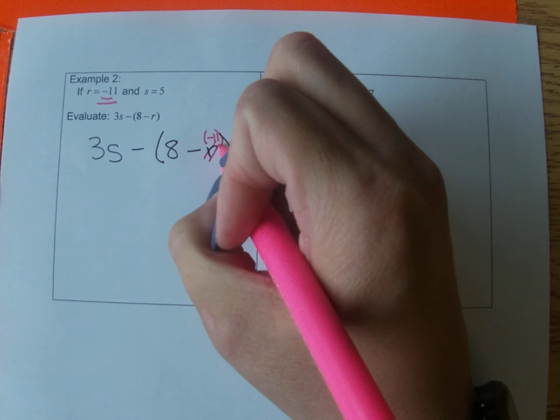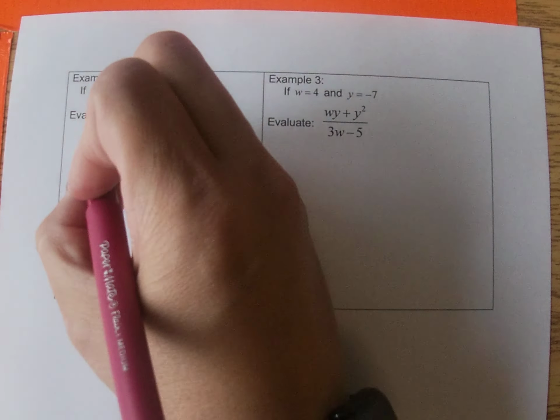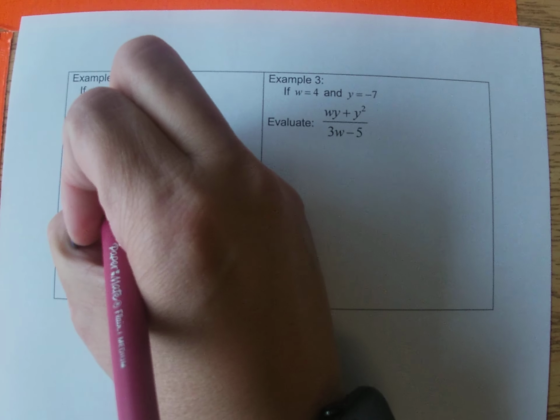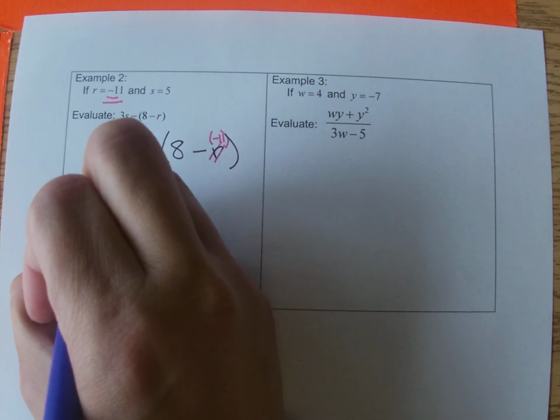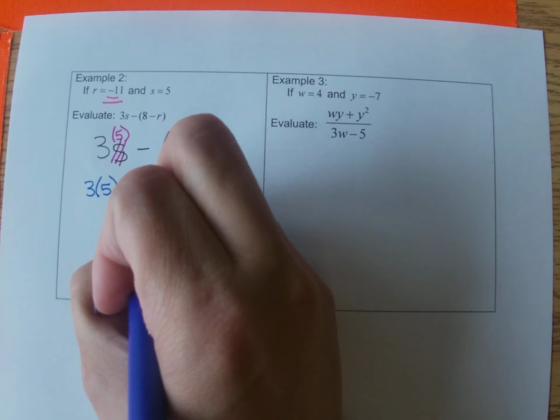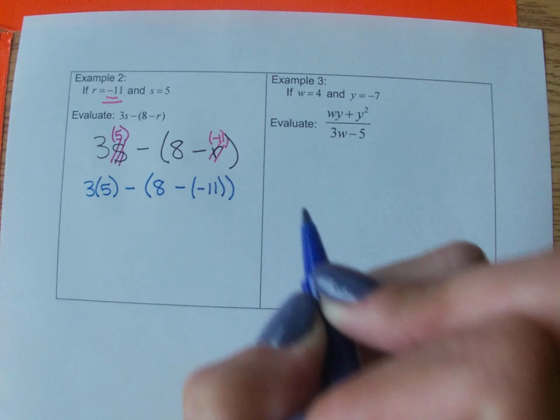In parentheses, I'm just putting negative 11 in for r. And anywhere that I see s, that's going to be replaced with 5. So I now have 3 parentheses 5 minus parentheses 8 minus parentheses negative 11 parentheses.